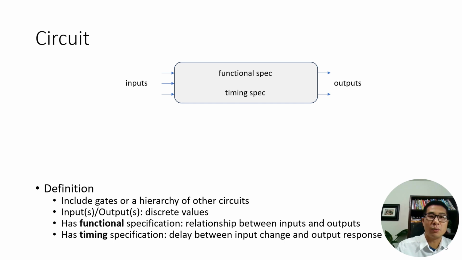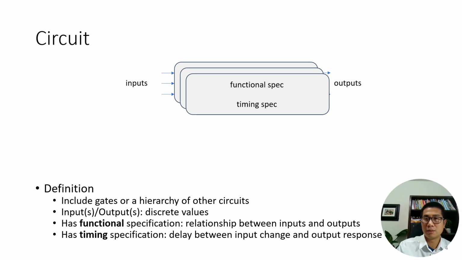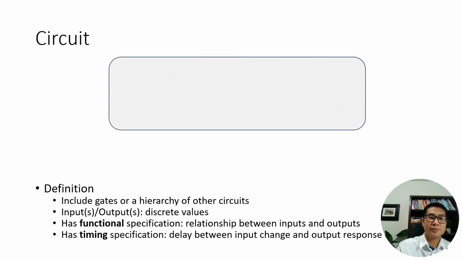What that means is that we can combine multiple different circuits together. Then we grab them again with a new abstraction level by giving them one visual notation, hiding all the details, and giving the functional specification and timing specification, telling what inputs they take and what outputs they give.